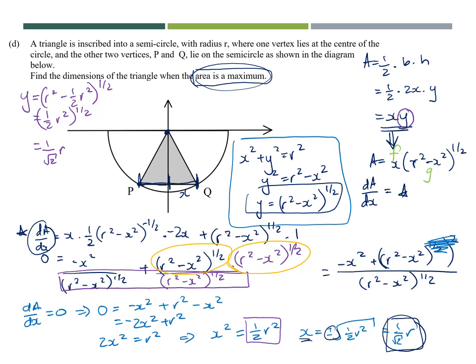Plus and minus, because here's my plus and here's my minus. And then what's my area? My area is equal to x times y, so it's 1 over root 2 r times 1 over root 2 r, which happens to be 1 over 2 r squared. There's my area. Geez, that's a lot.